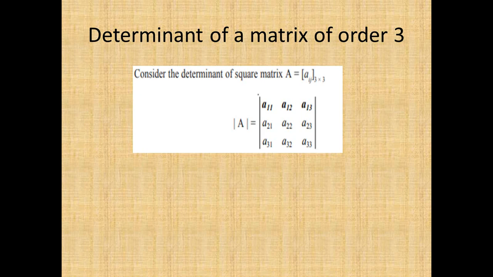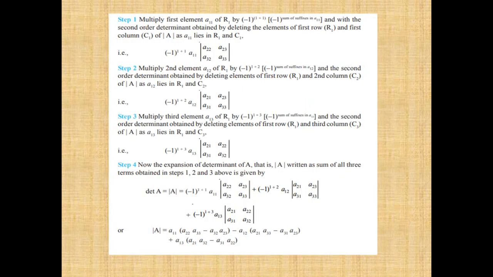This is the standard matrix. Let us proceed with the row first, that is A11, A12, A13. Now what are the steps? Step 1 is to multiply the first element of R1 by minus 1 to the power 1 plus 1, that is the sum of the suffix of A11.